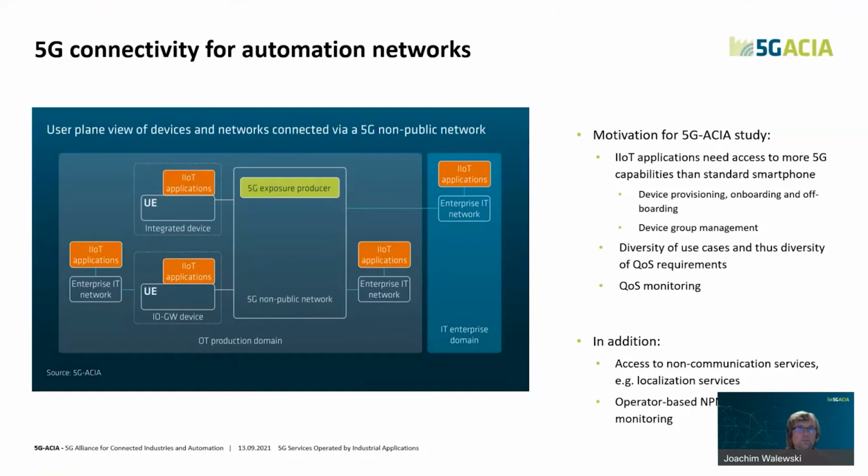But on the more extreme side, we have extreme availabilities, very short latencies, and so on. And all of this has to not only be provided by the network, but we have to be able to instantiate it either from the enterprise side or often also from the device side in the production system, so that it can configure this.